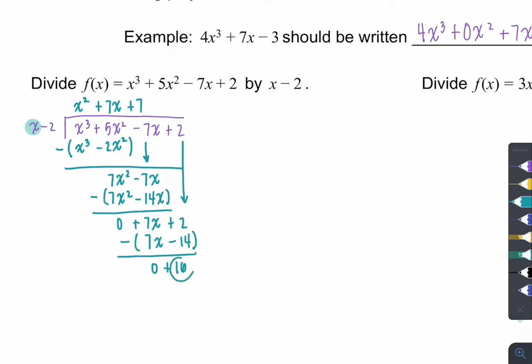So this right here is our remainder. So our final answer would be written x squared plus 7x plus 7 plus 16 over x minus 2. So that right there is our final answer.